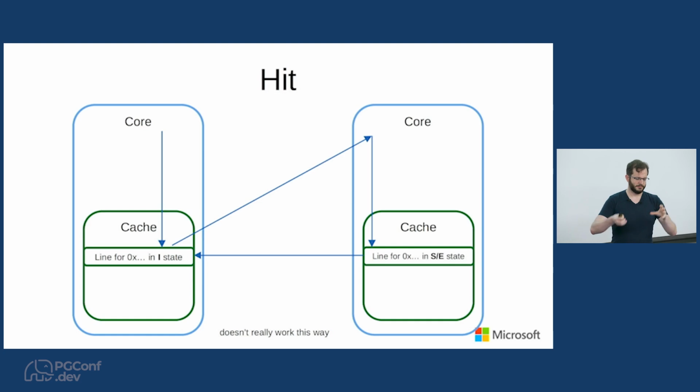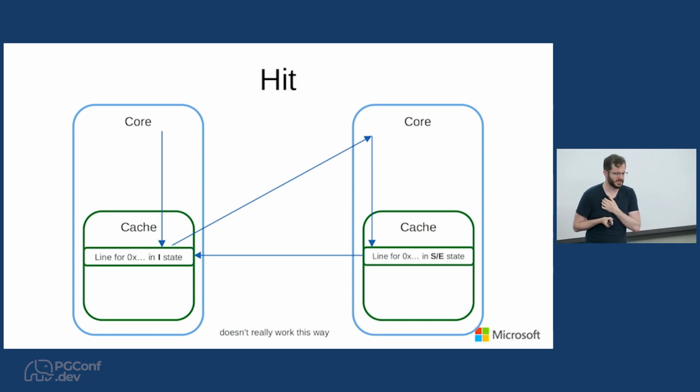Just as a rough overview of how a hit looks like, the core will ask its local cache, do you have this data in your local state? It won't, and then has to go to another core. And often there's complicated systems to figure out which core to ask, or it will just ask all the other cores, and then the other core will look in the local cache, find it in shared or exclusive state, because we're talking about a hit, not a hit on a modified one, and then will transfer the data back to the core where we need the data.